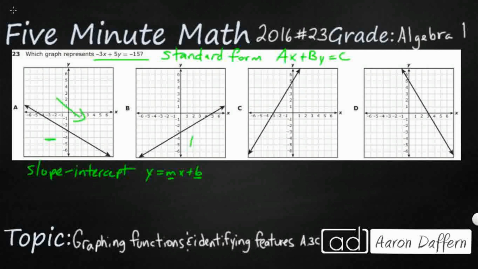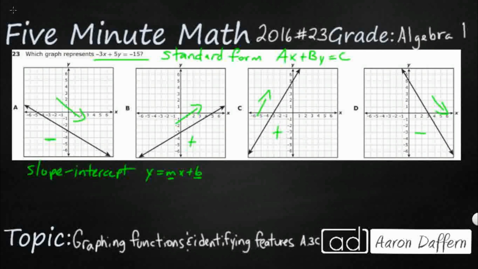B has a positive slope because it goes up. C also has a positive slope. And D has a negative slope because it goes down. So once I find the slope, I can eliminate 2 of the answer selections because 2 of them are positive, 2 of them are negative. It won't give me the full answer, but it'll be pretty good at eliminating half of them.